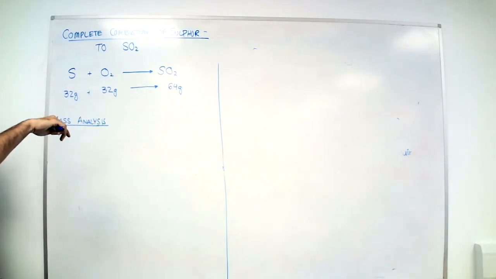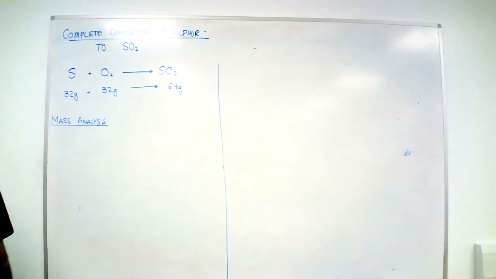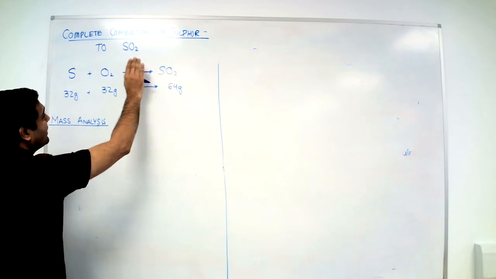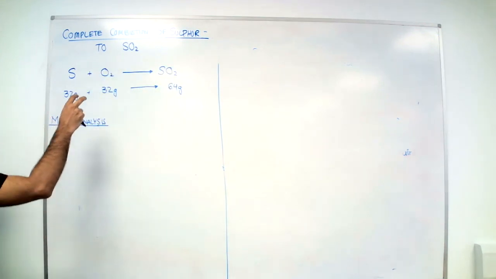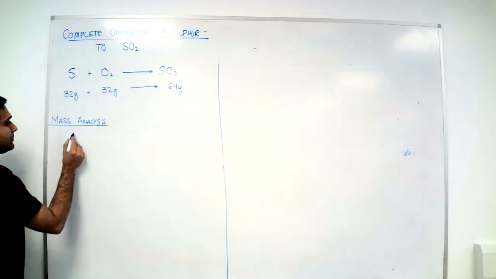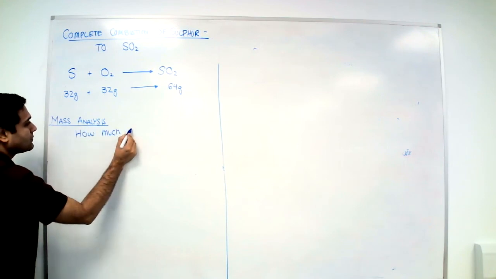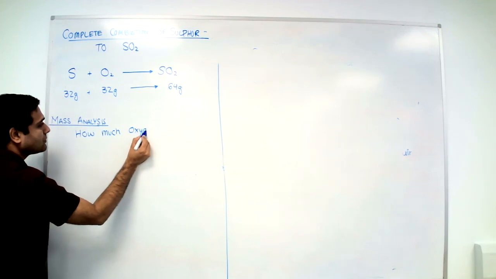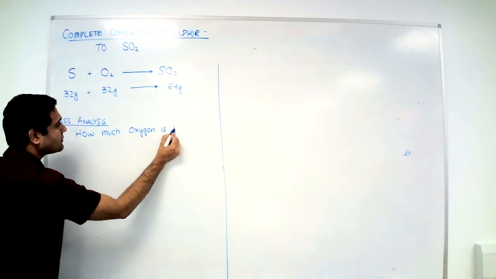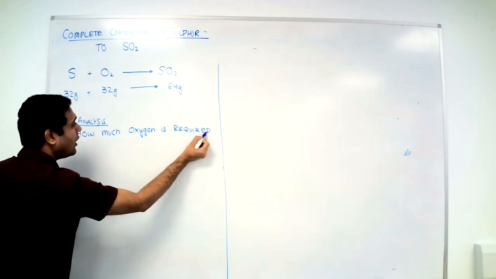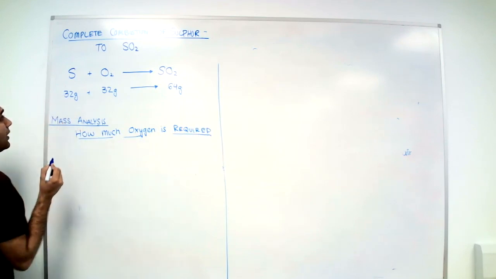If they want me to find out how much SO2 is being produced, I have to do that too. But I want to find out how much oxygen is required.